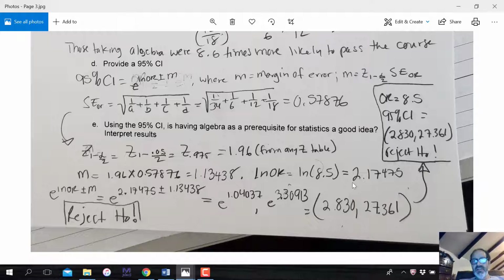We call this the log odds. So this 8.5 translates to 2.17475. So now we have e, Euler's number, raised to 2.17475 plus or minus this margin of error. It's plus or minus because, again, it's above and below whatever our value is.